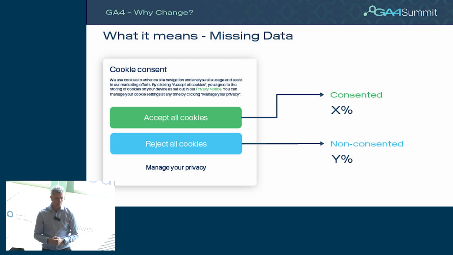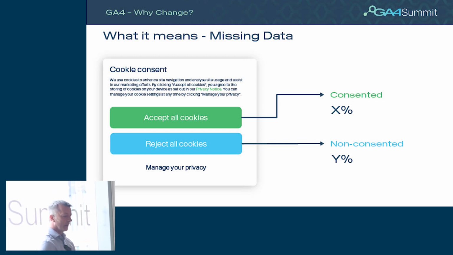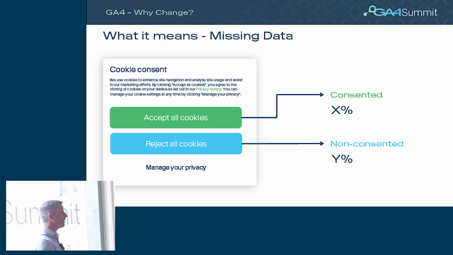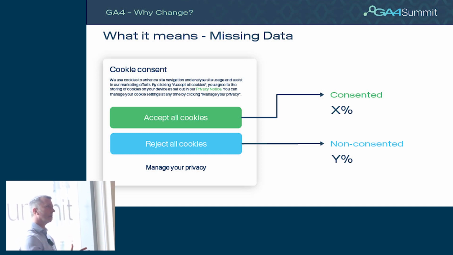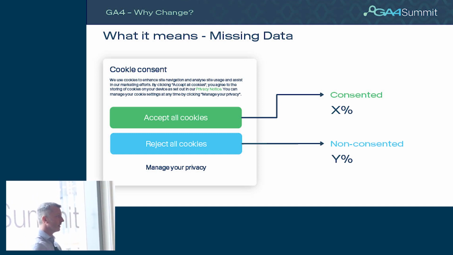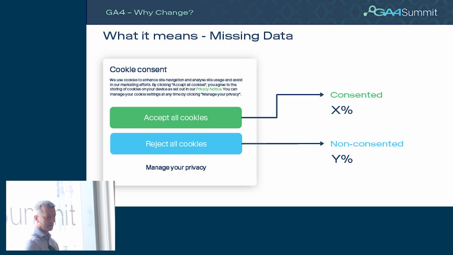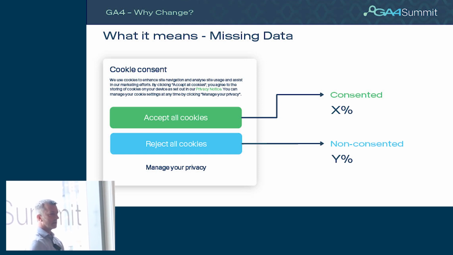The next big thing is, obviously we've talked about it already, missing data. If you use a cookie tool to get consent, you're going to miss a huge chunk. You track X% and you don't track Y% as it stands. And the big problem is you don't know what X and Y are.